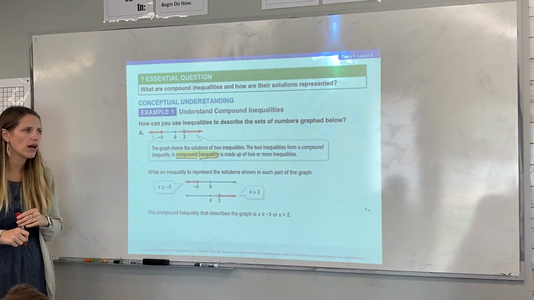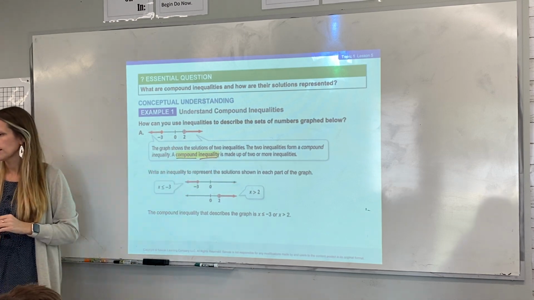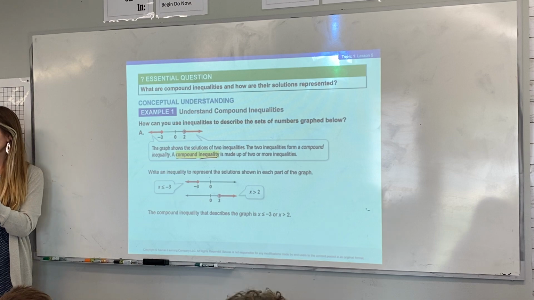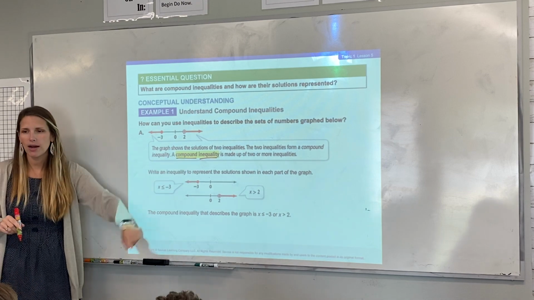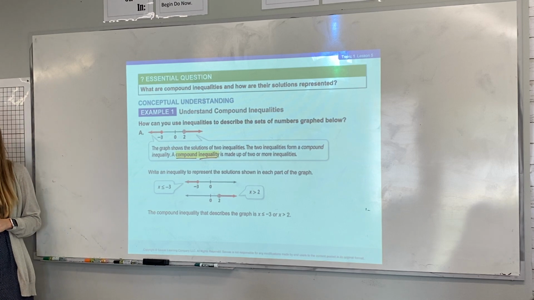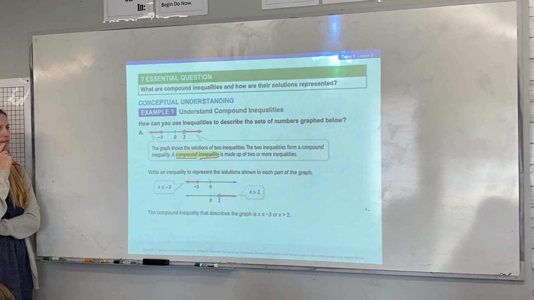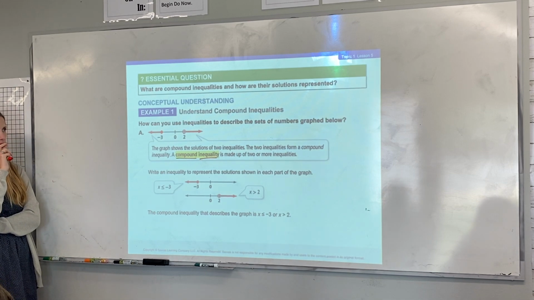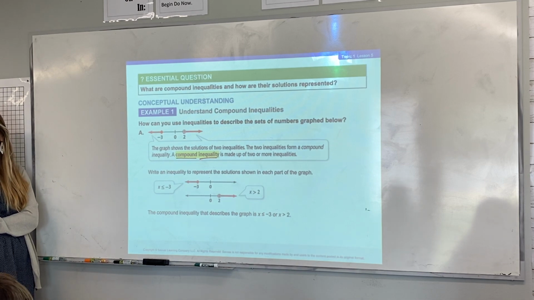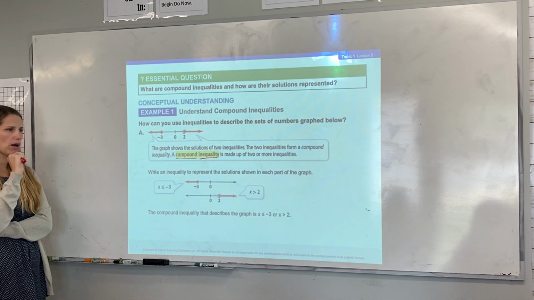A compound inequality is made up of two or more inequalities. We're not talking, we're just writing.